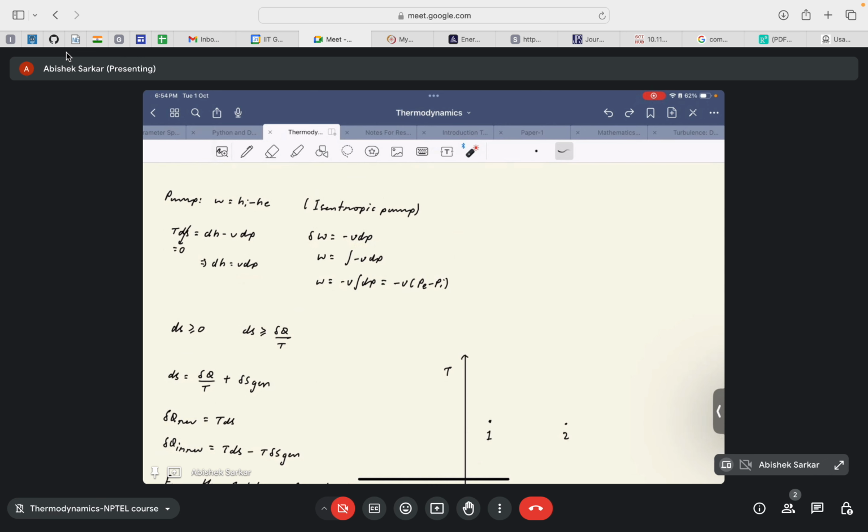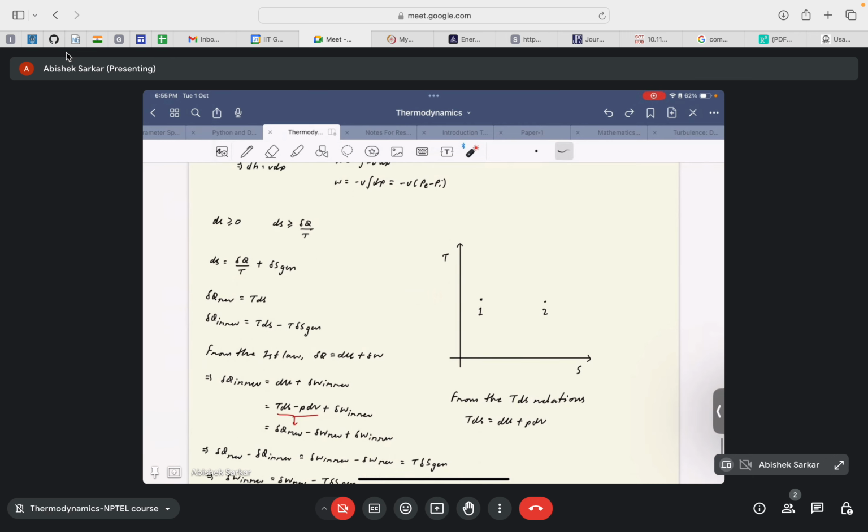So if we consider the fluid to be incompressible, we can take the specific volume out of the integral. Integral of dP would give us W equal to minus V into (P minus Pi), the net change in the pressure after pumping.